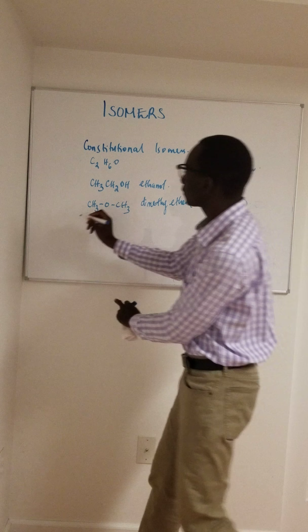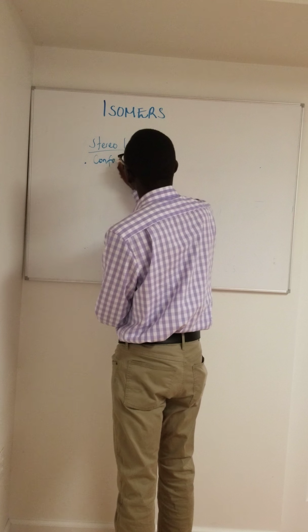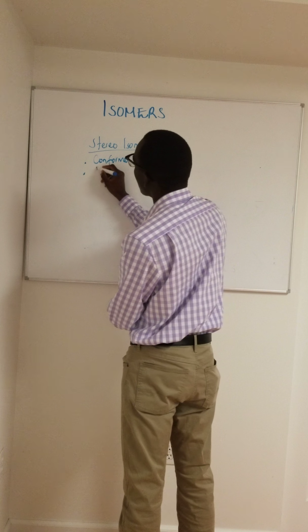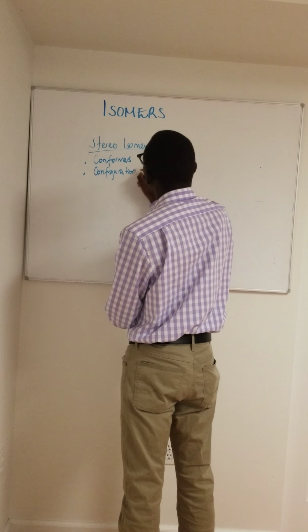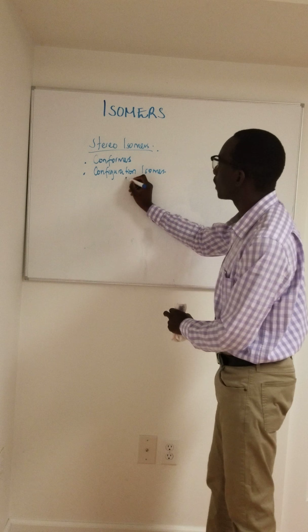Under stereoisomers, we have what we call the conformers or conformational isomers, and also the configuration isomers. With this, I'll begin with the configuration isomers. Under this, we have what we call the cis and trans.